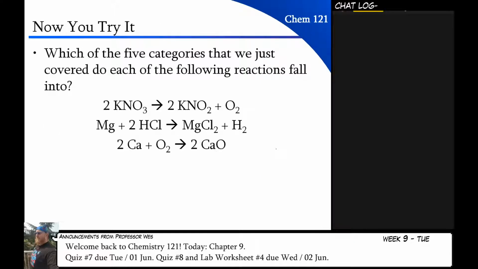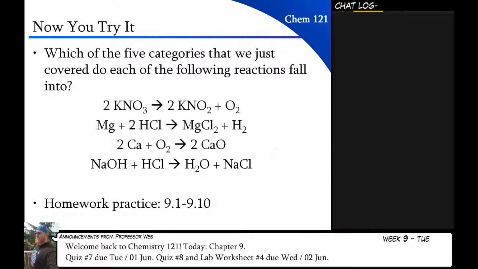So I'm going to give you these reactions on the board here. And what I want you to do is give each of these a category. Or if there are multiple categories, give me both. Remember, combustion can be applied to any reaction. So list these out in the chat. Just number them 1 through 4.